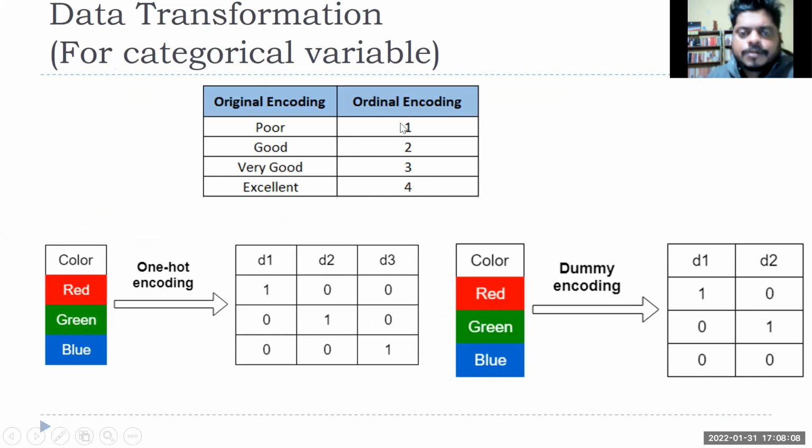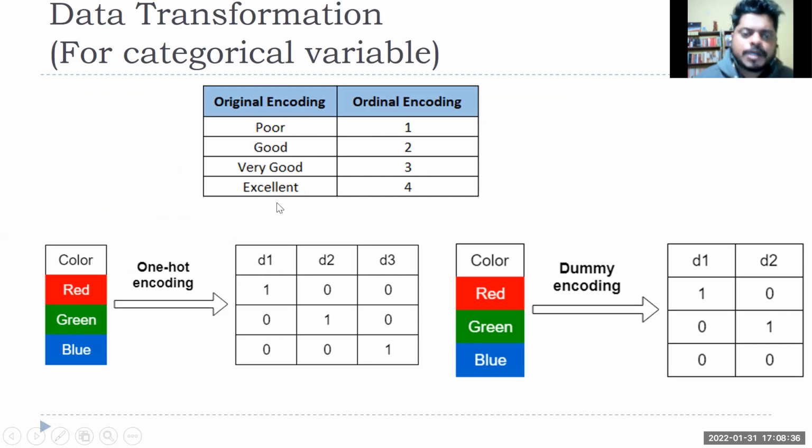So this is like label encoding. Let's say your educational records: poor, good, very good, excellent. Or your experience for the last 2 years of MBA. You have given your experience in the college in different gradings: poor, good, very good, excellent.